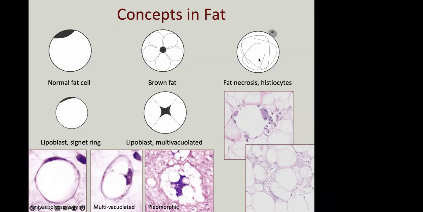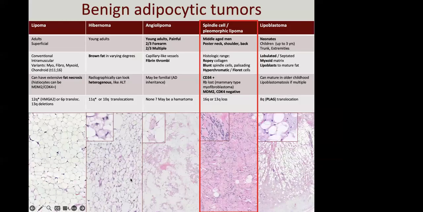And sometimes fat necrosis can mimic lipoblasts because they can shrink and have these histiocytes at the side. But if you look carefully, you'll see this abundant cytoplasm and very open chromatin, as opposed to the dark chromatin of lipoblasts.